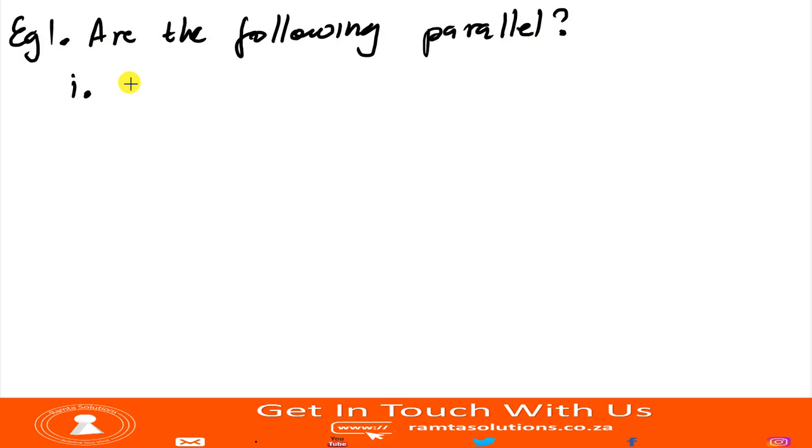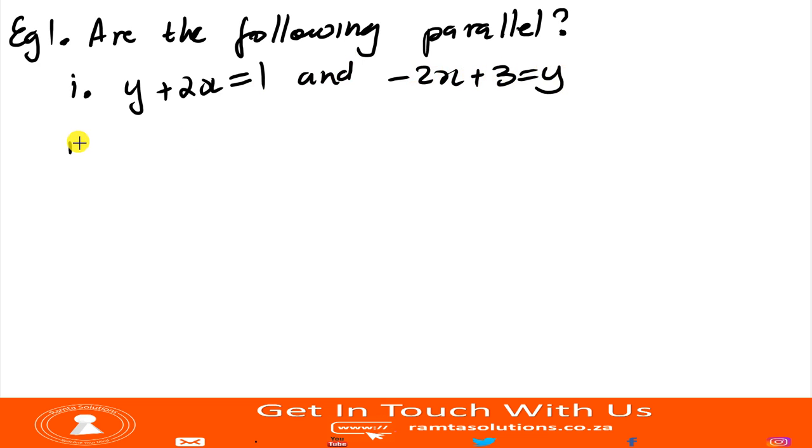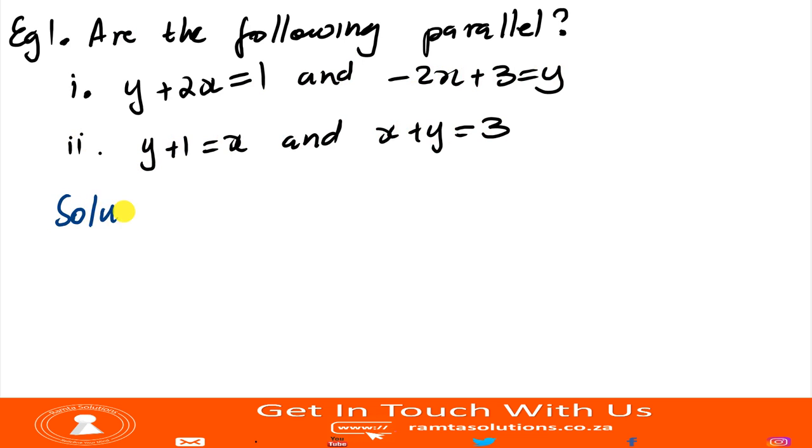Roman figure 1: y plus 2x equals 1 and minus 2x plus 3 equals y. Roman figure 2: y plus 1 equals x and x plus y equals 3. Okay, now let's get our answers.